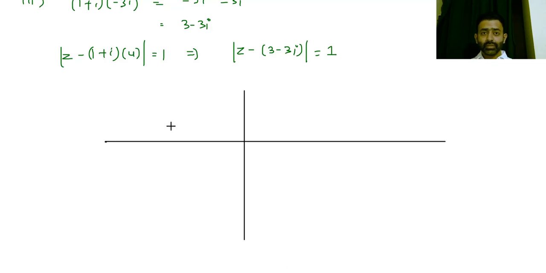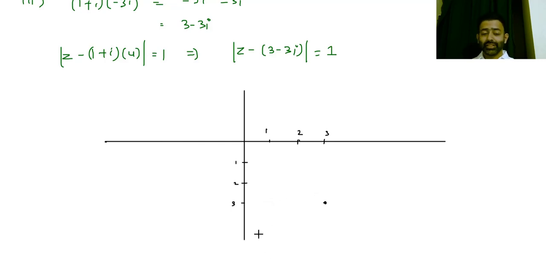This represents a circle whose radius is 1 and center is 3 comma minus 3. Okay, so if this is 1, 2, 3, and this is 1, 2, 3, so 3 comma 3, let us say this point is your center.